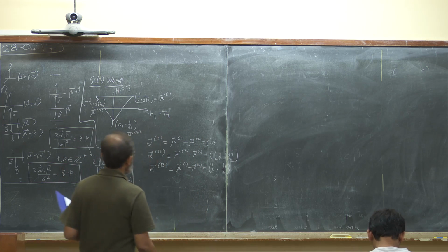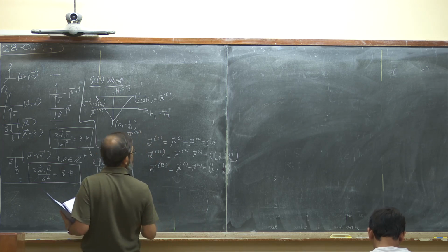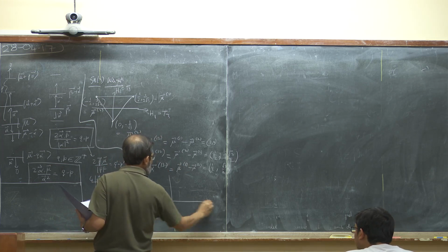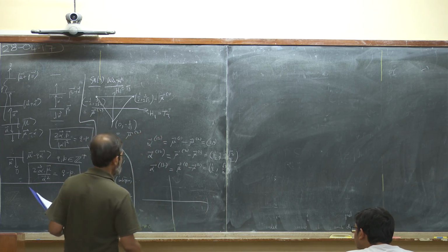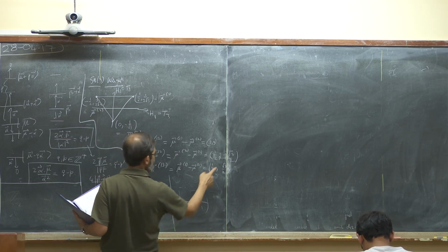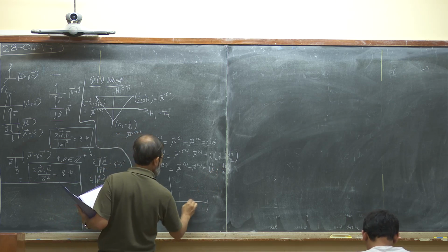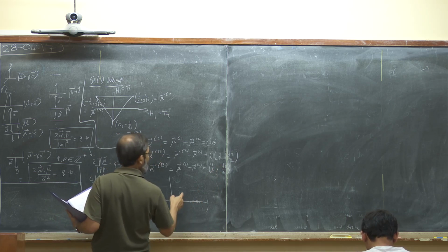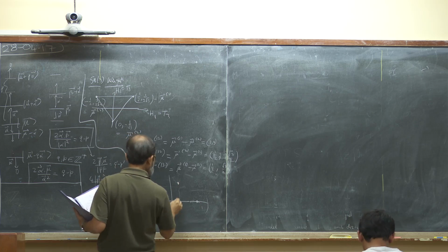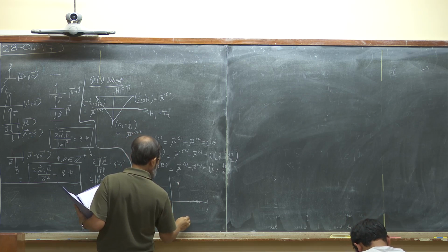So let's plot these things. 1 0 is here, and half and root 3 by 2, let me draw them here, it's some stuff here, whatever, and the other one is here.